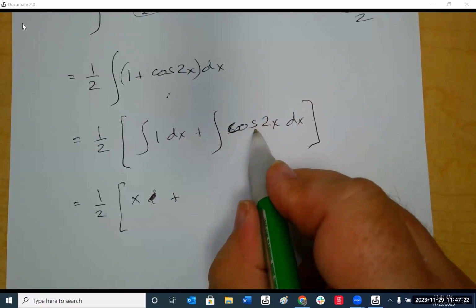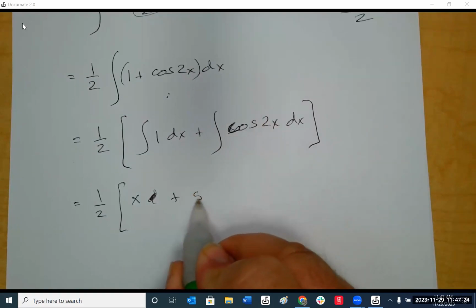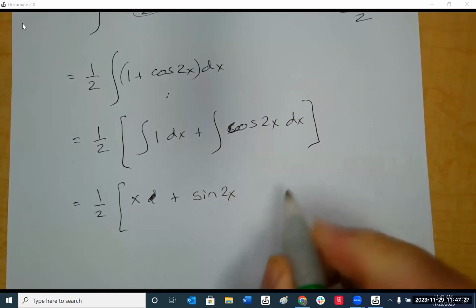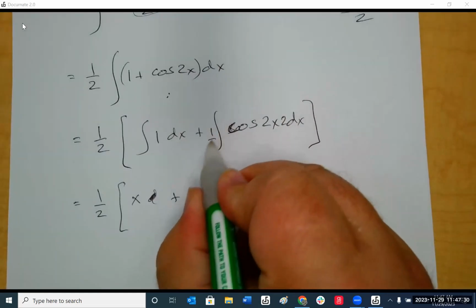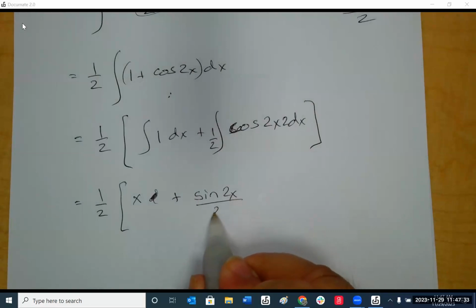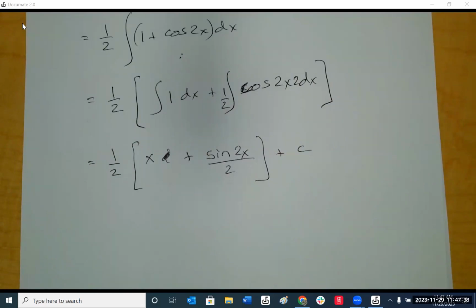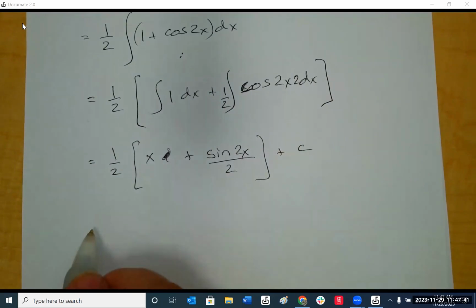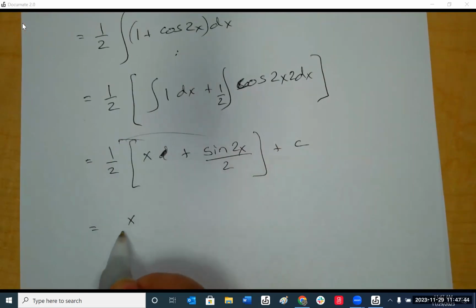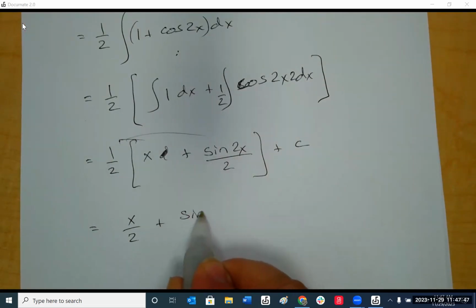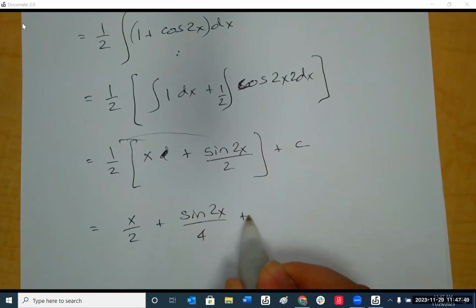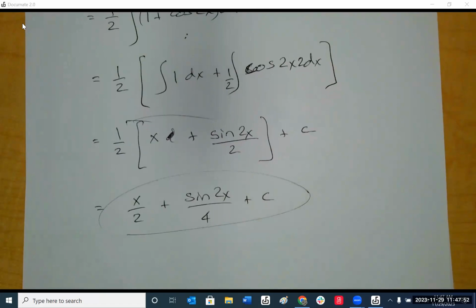The integral of cosine 2x is sine 2x. We're missing a 2, so it's a 1/2 out here. Plus c. Distribute, we get x over 2, sine 2x over 4 plus c. The only thing different with the sine and cosine is the first sign.